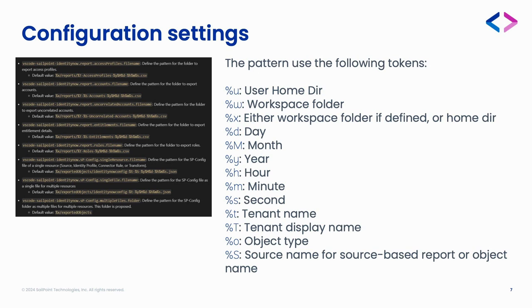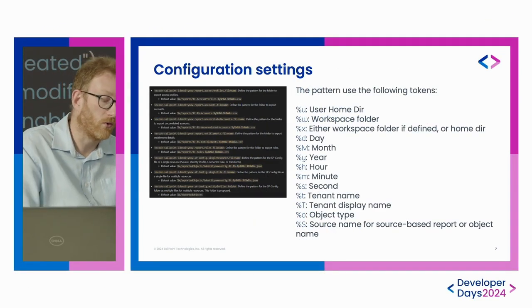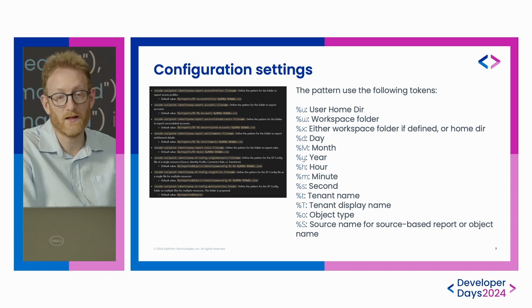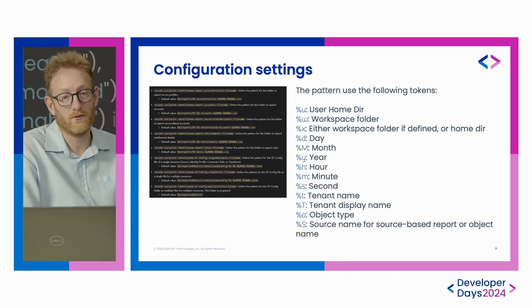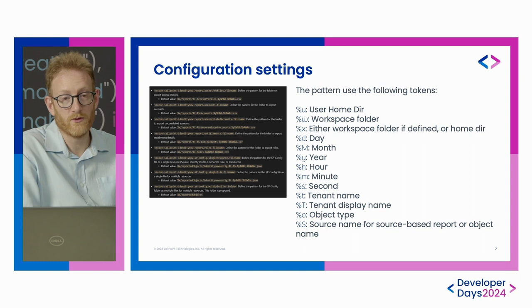You can leverage, if you have, for instance, a workspace where you want all your tenants, you can add the tenant name or the tenant display name in the path or in the name of the file. So you can use variables. There are some default values that are proposed, but you can change them.